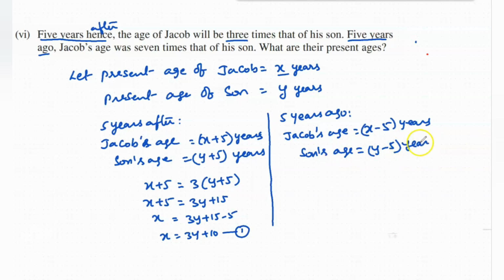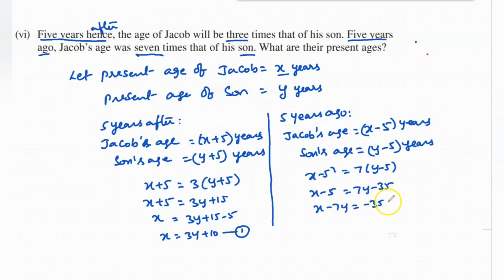Okay, now apply the condition. 5 years ago, Jacob's age was 7 times the son's age. So Jacob's age x minus 5 is equal to 7 times the son's age, which we can write as x minus 5 is equal to 7y minus 35, from which you can write x minus 7y is equal to, sending minus 5 to the other side, minus 35 plus 5, which is x minus 7y equal to minus 30.